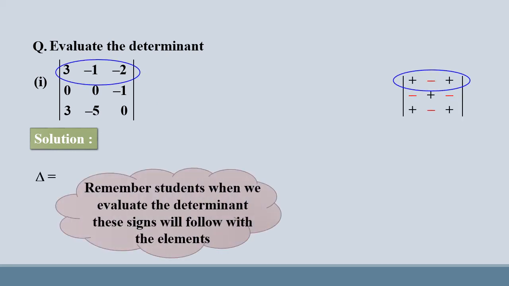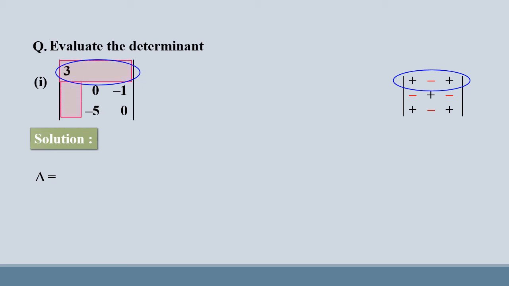So we will assign the signs to the elements of R1. The first element will have a plus sign, the second element a minus sign, and the third element again a positive sign. On simplifying, we get plus 3 into the determinant of 0, minus 1, minus 5, 0.